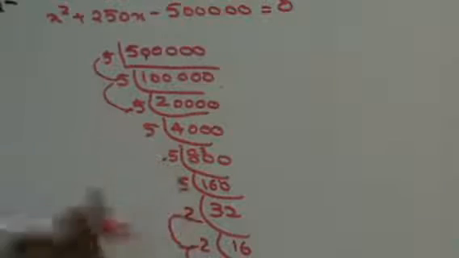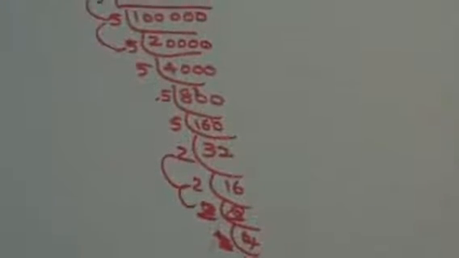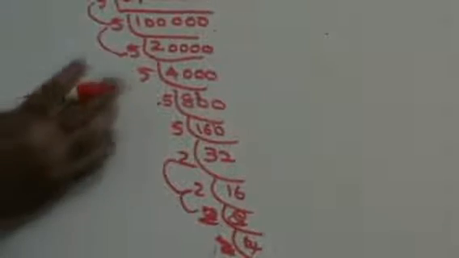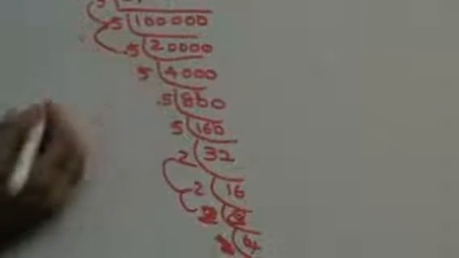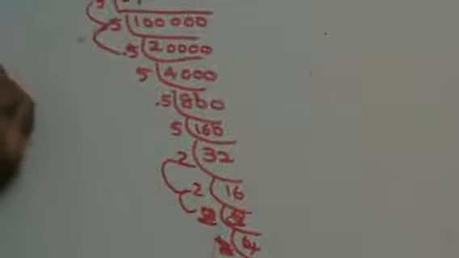So that means this is 200. Now this is 125 and this is 4. 125 into 4.